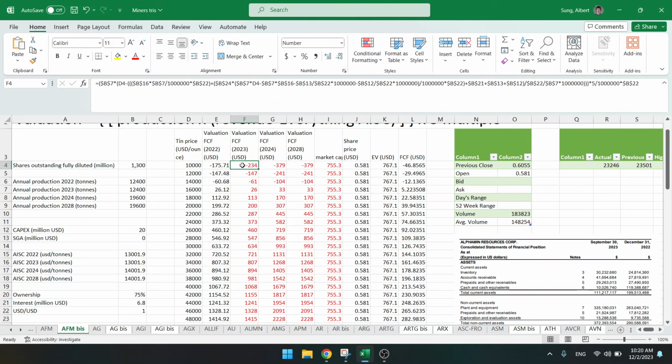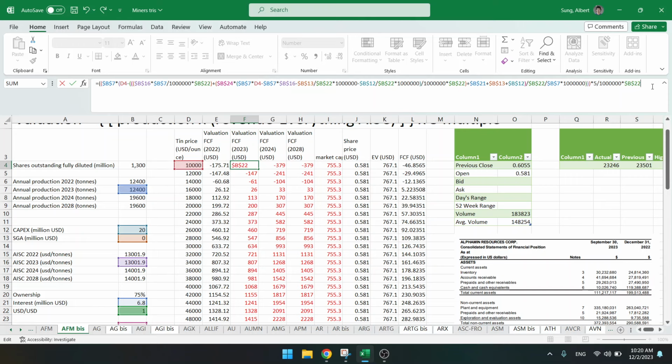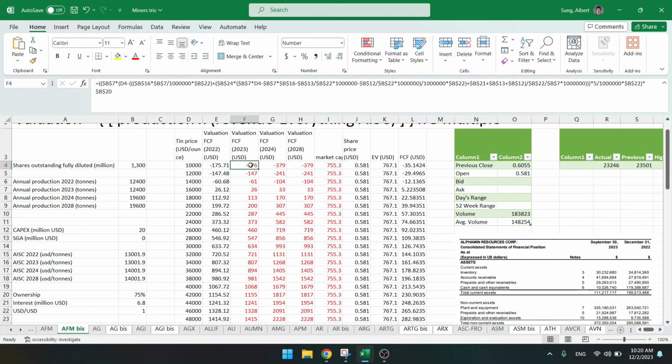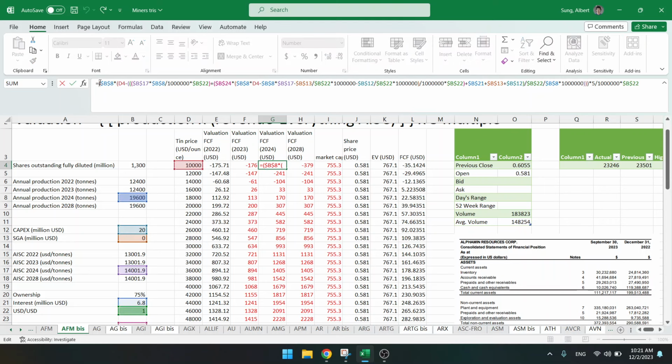Same with this one. And I know these are just estimates. These are just estimates. It's not perfect, but you will get an idea about the valuation.